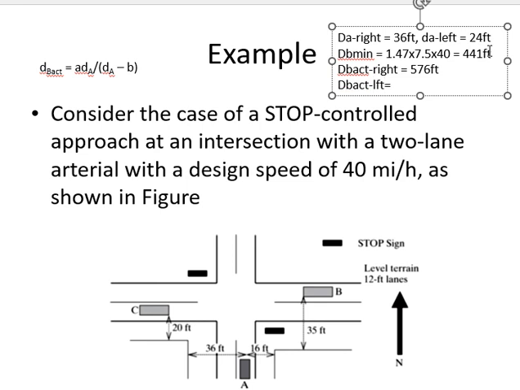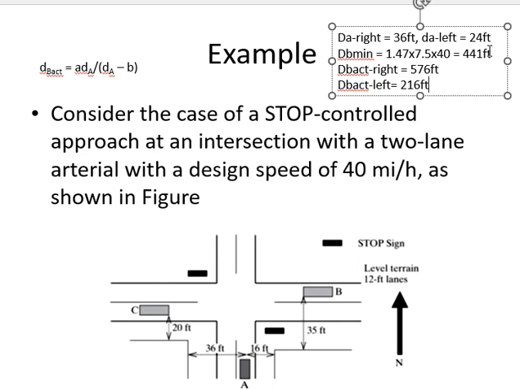Okay, then the dB actual for the left hand side. So now A will be 36 feet and B will be 20 feet. 216. 216 for the right?